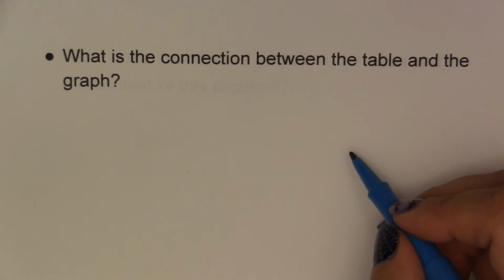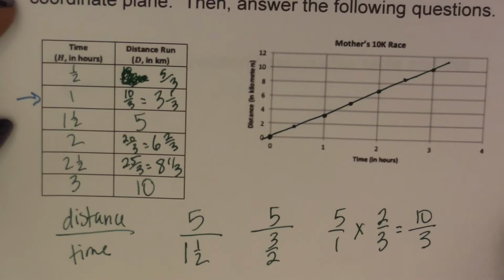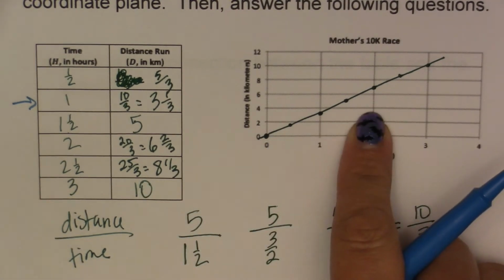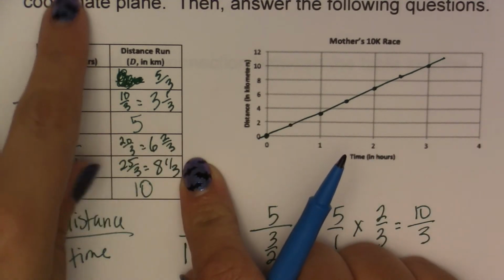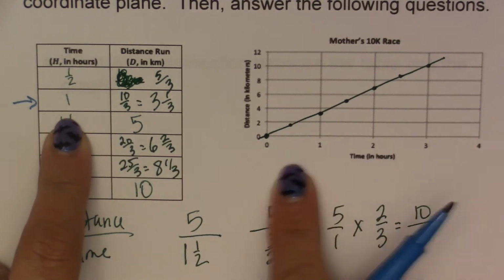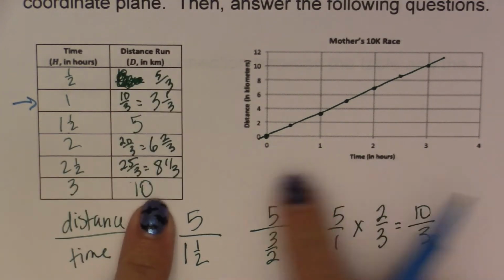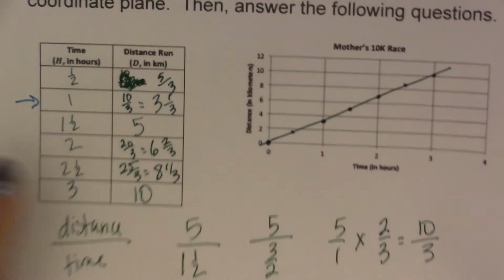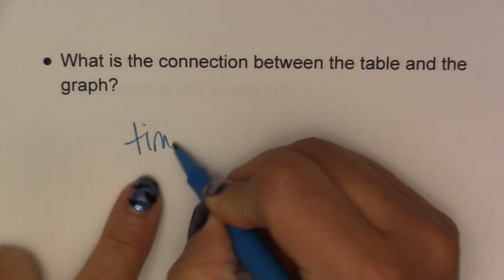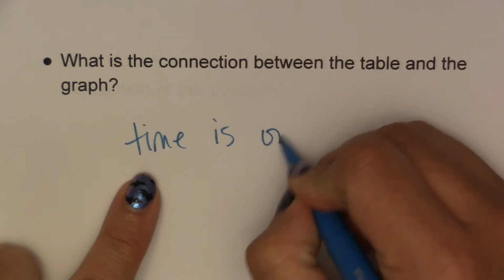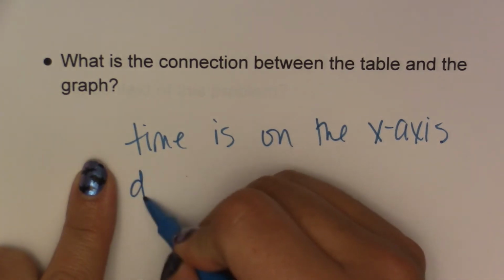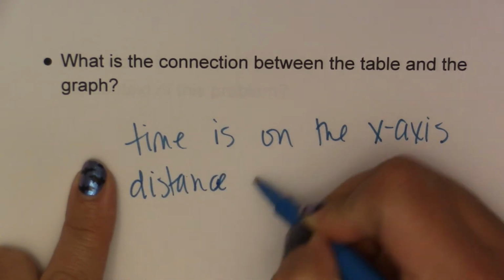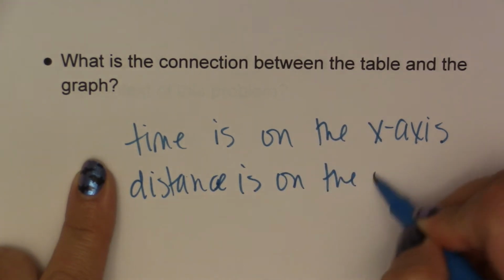Our next question. What is the connection between the table and the graph? So if we go back to our table and graph, the connection is that we are graphing this table onto here. So the data is the same thing. Notice that our time that's in the X column is also on our X axis, and our distance, which is in the Y column, is also on our Y axis. So let's say time is on the X axis, distance is on the Y axis.